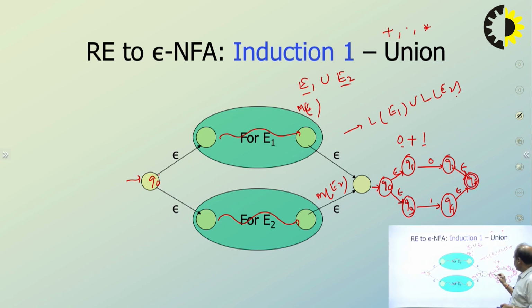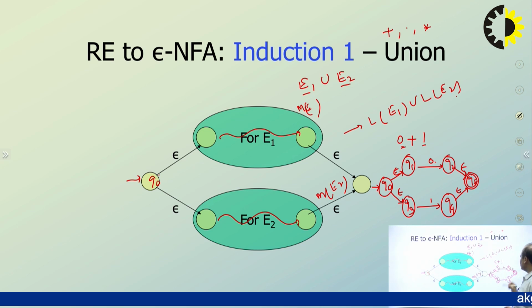If you follow this path, epsilon, 0, epsilon, it is accepting 0. If you follow the other path, it is accepting 1.